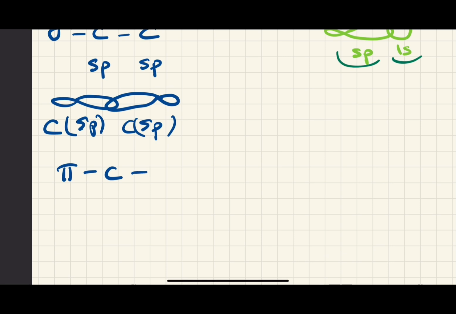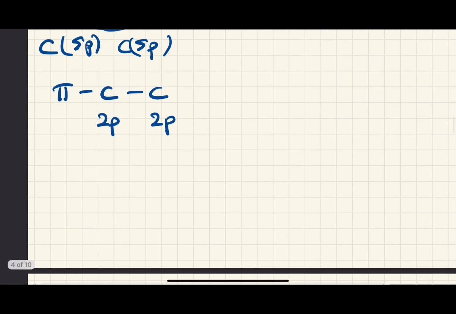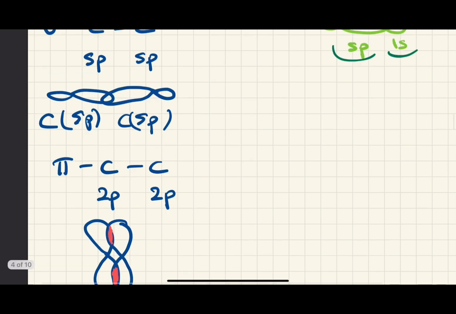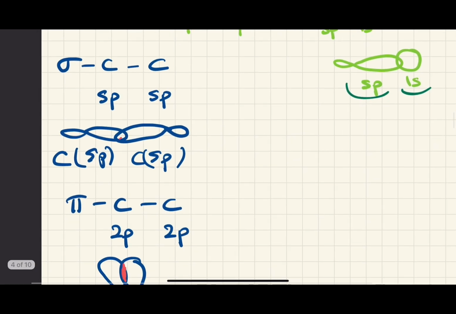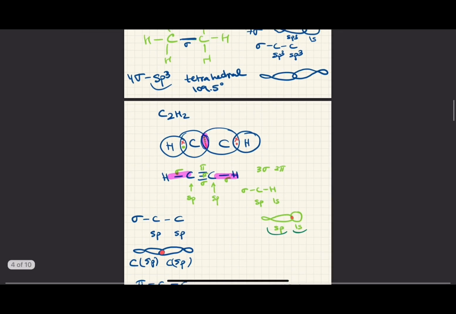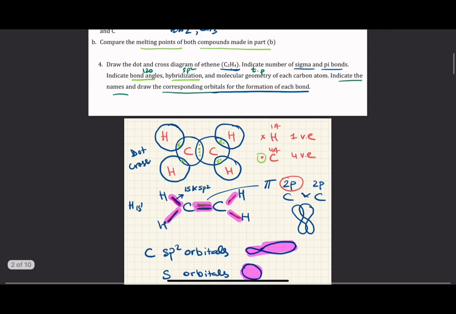So pi between the carbon and carbon, and it would be 2 pi of the carbons, and the way it will look like this, just a pi and another pi. Okay, so this is like a bond between them, the overlap. The same thing in here. Okay, so that's pretty much it about this question.